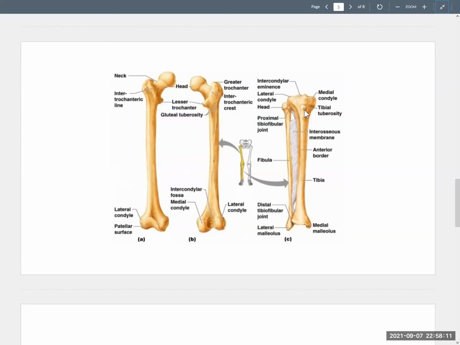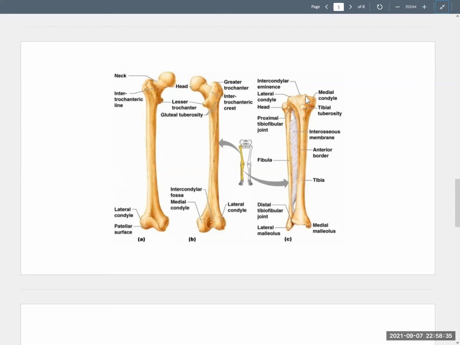The tibial tuberosity gives rise to some unpleasant expressions, sometimes knobby knees or something like that. But that's just connective tissue that may be attached, more in some people and less in others. This is the tibial tuberosity. It will anchor the patella.